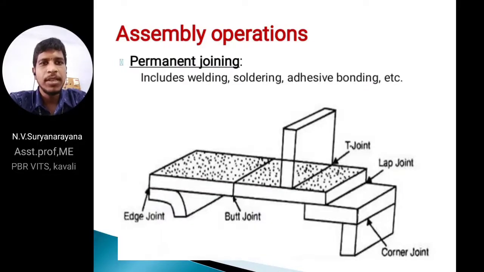Here I am showing different types of joints like T-joint, lap joint, corner joint, butt and edge joints. These are the different types of joints that can be made by using the welding process. It includes welding, soldering and adhesive bonding.